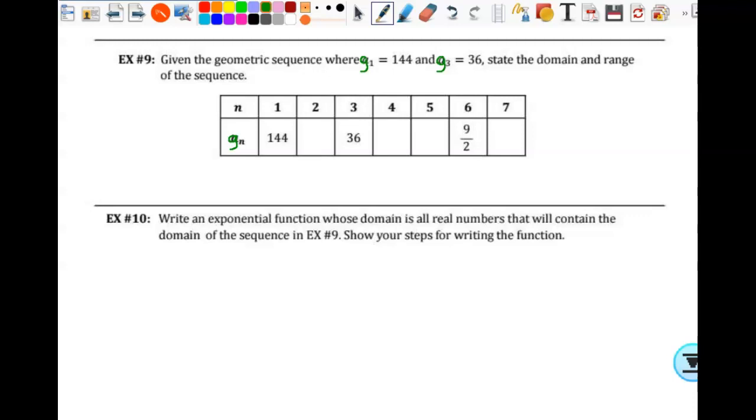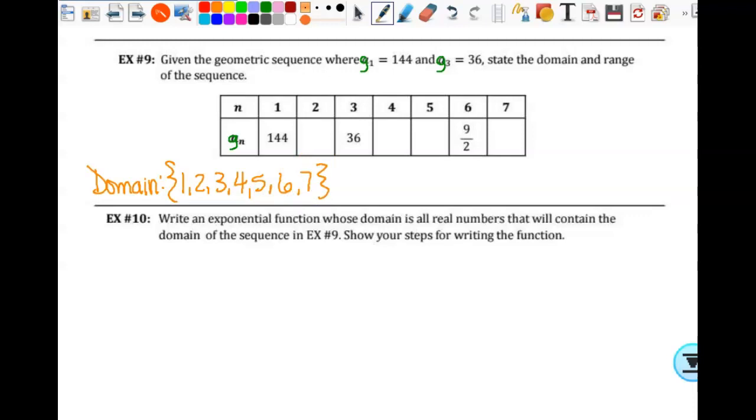That's great. We want to state the domain and the range of the function. All right, so domain we can go ahead and do. Domain is just going to be 1, 2, 3, 5, 6, 7, because just like with the arithmetics, it's not continuous, right?